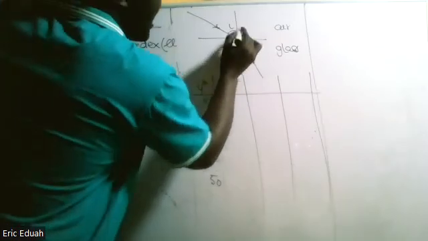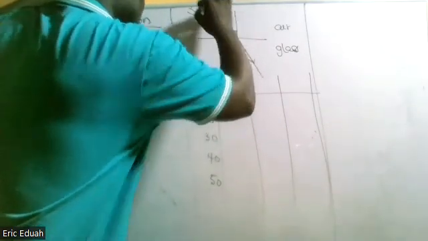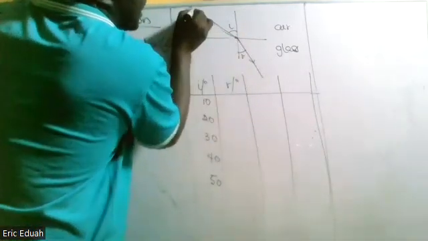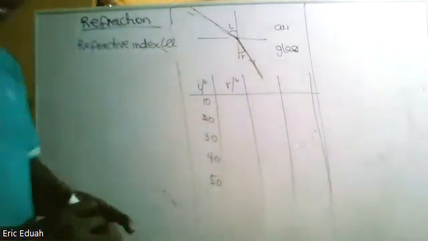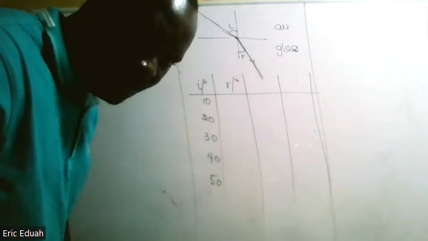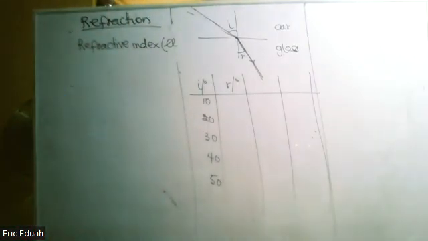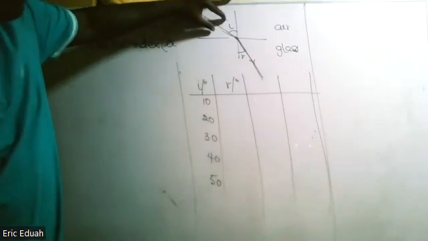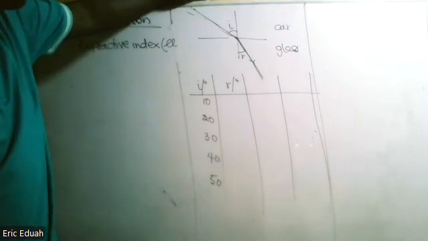Every I we take would give us a corresponding angle of refraction. This is a practical thing we are doing. We'll do a lot of practicals on this. So every I would give us a corresponding R. But my question is that as I increases, what do you think will happen to R?